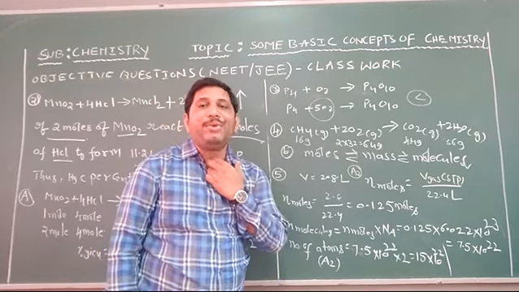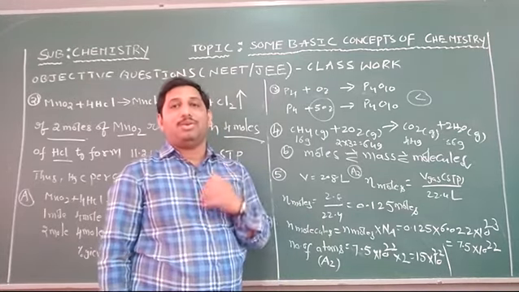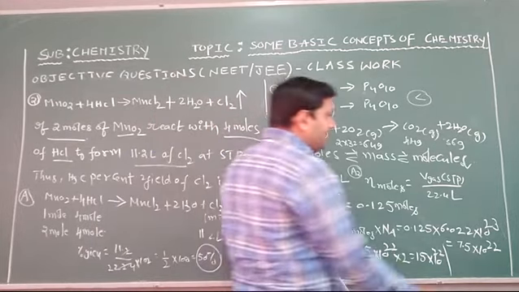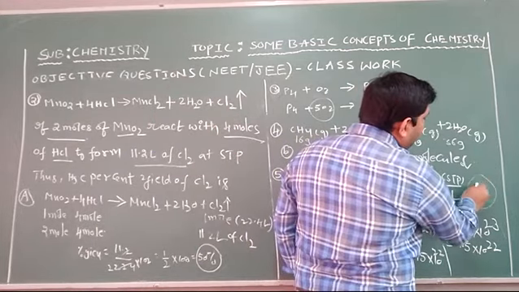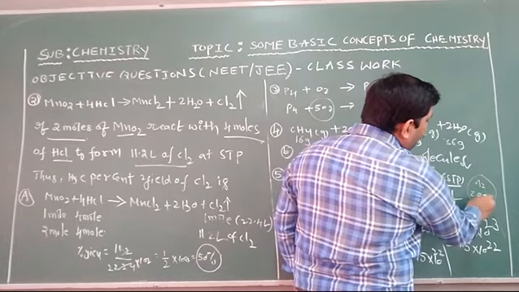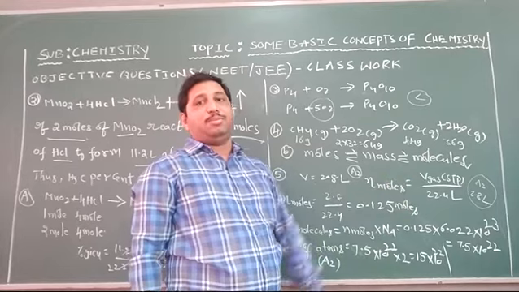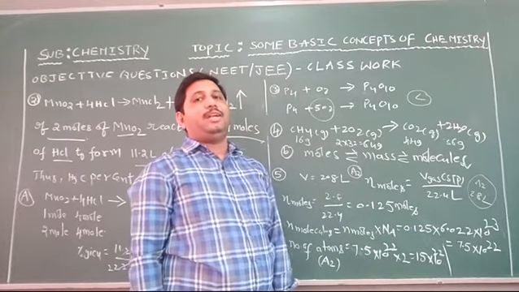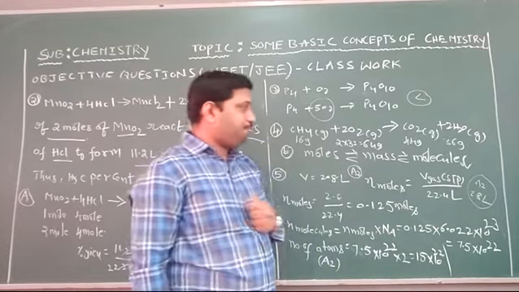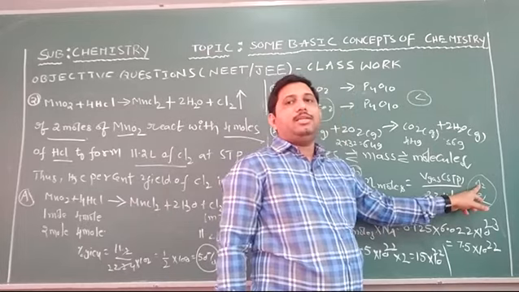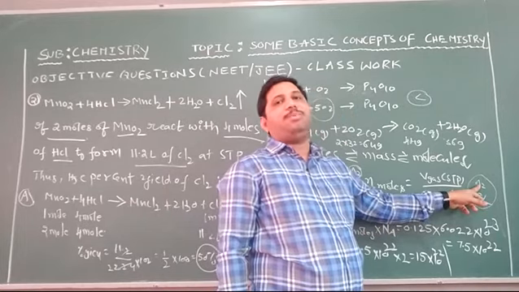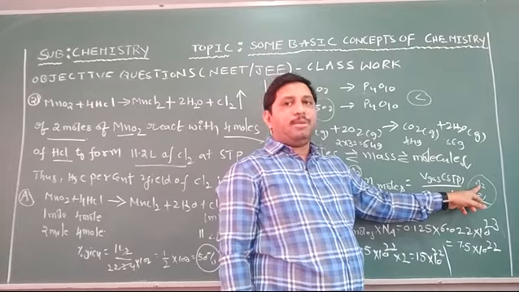Then how many molecules and atoms are present? One diatomic gas A2 can occupy a volume of 2.8 liters. Then they are asking how many diatomic molecules are present, how many atoms are present.